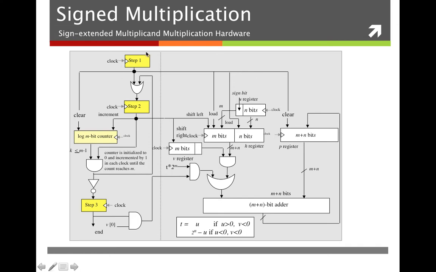We will sign extend the multiplicand. So if it's a negative multiplicand, you're going to pack these flip-flops with 1s. If it's a positive multiplicand, you're going to pack them with 0s.